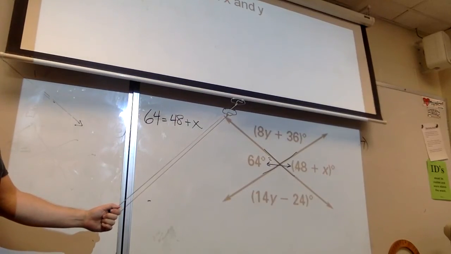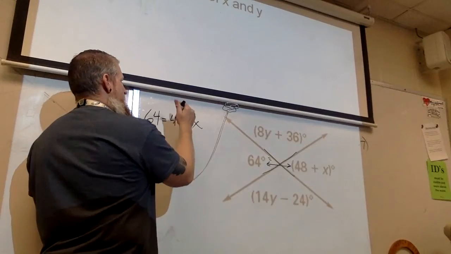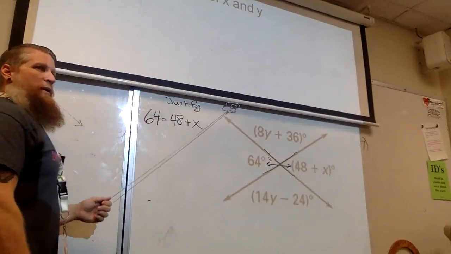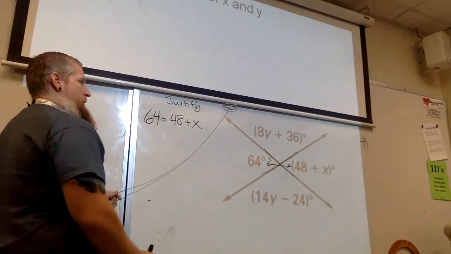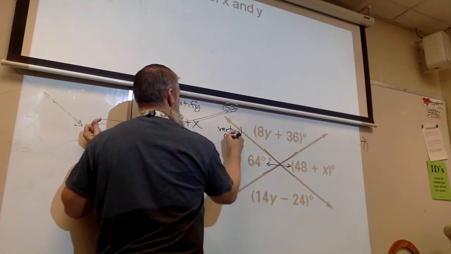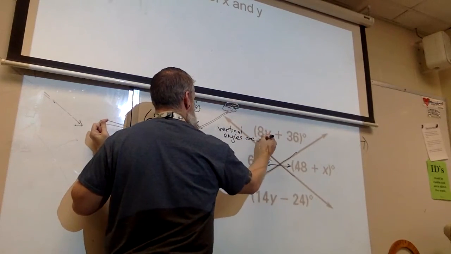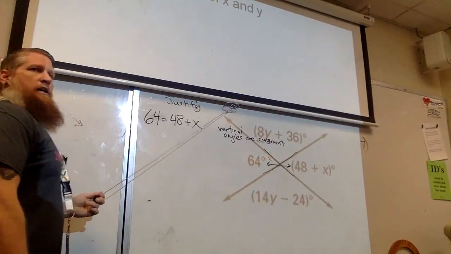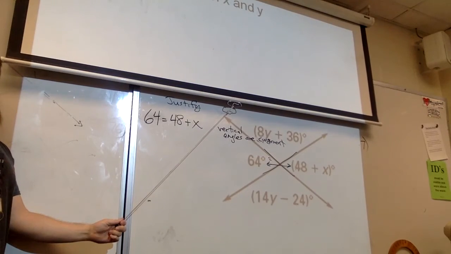Now, what you might see coming up is you might have to solve for x, and they might say something like, justify why you're doing it. Like I might ask you, hey, why are you allowed to set that equation up? You would just say something like, vertical angles are congruent. Eventually, within the next few days, you're going to have to get to writing more explanations out.